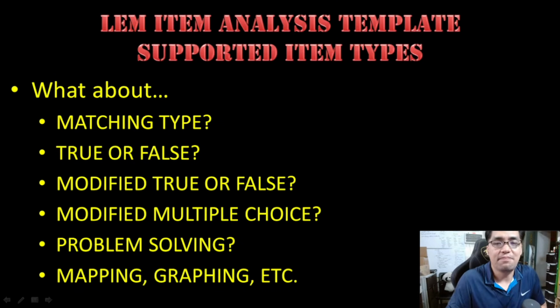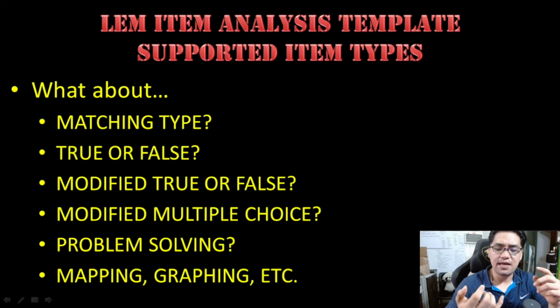So my dear teachers, why is it important for you to properly distinguish between dichotomous and non-dichotomous items? Why is it important to be able to distinguish the proper item types in your test? That is because, as I mentioned a while ago, this item analysis template can completely combine all kinds of calculations, whether the scoring is dichotomous or non-dichotomous.